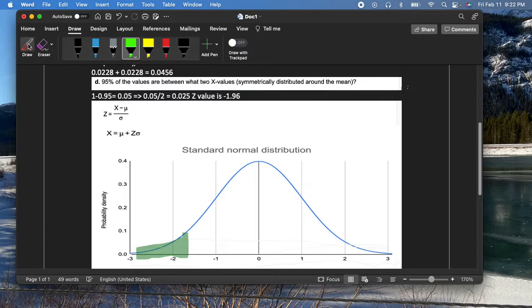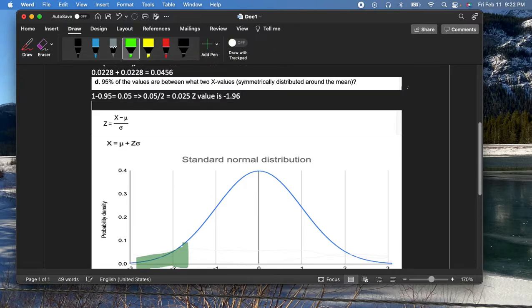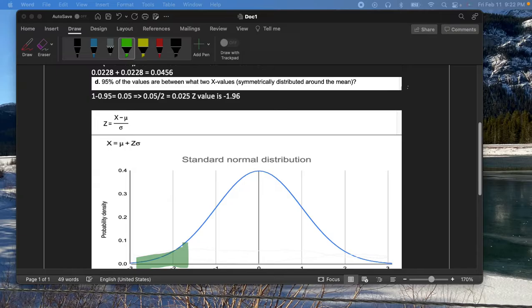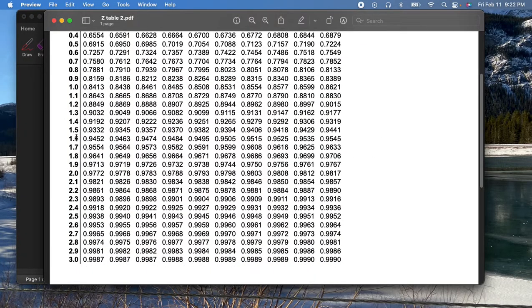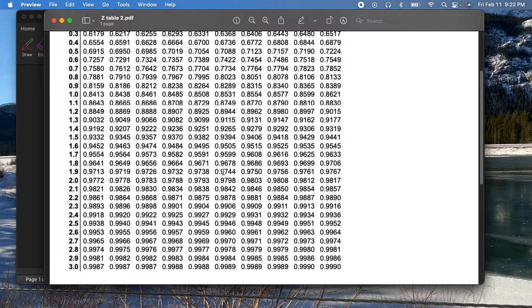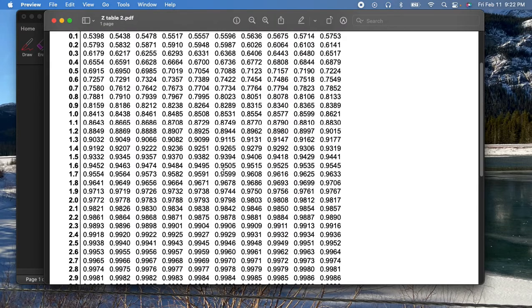As we just said, this is symmetrical. So to find the other value, the other 0.025, because we divided by 2, we know it's also going to be 1.96. But to verify that, we pull out the z table again and look here.